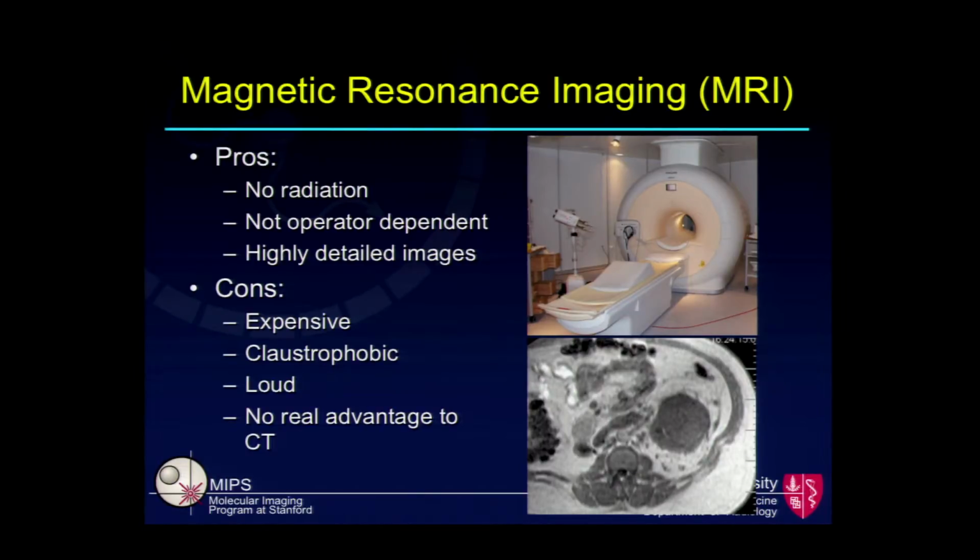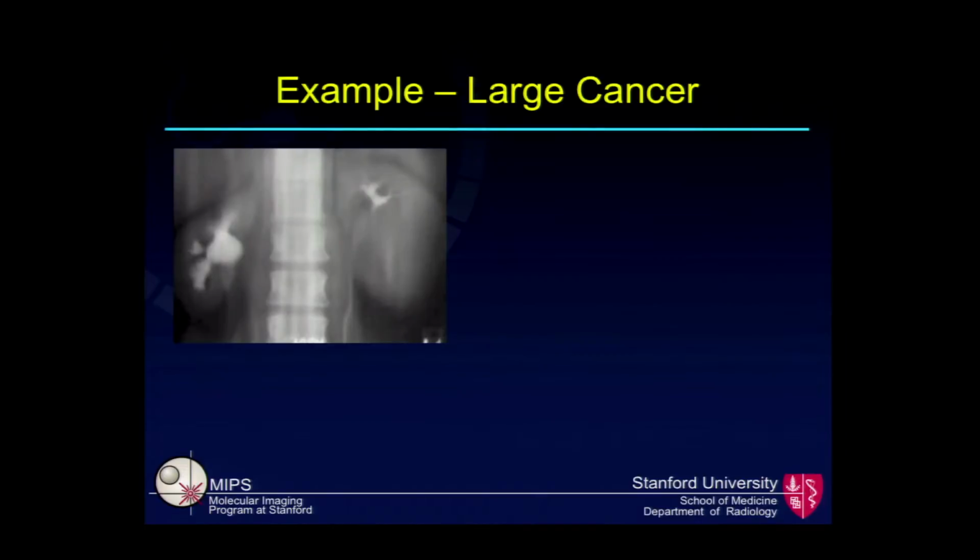Okay, so to give you one example of how all of this gets put together. This is the initial contrast-enhanced X-ray, or urography scan, of a patient, and what you're looking at is from behind, so the left side is the left kidney and the right is the right kidney.